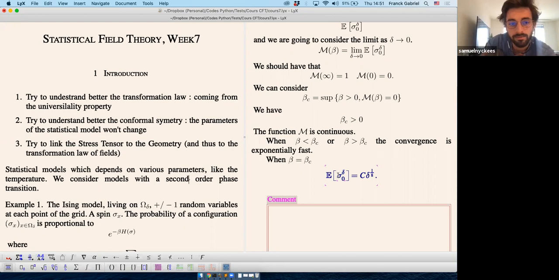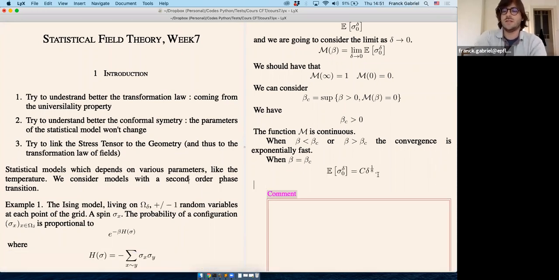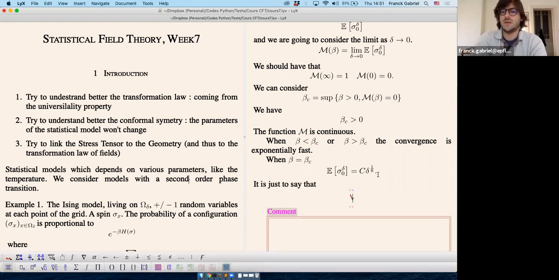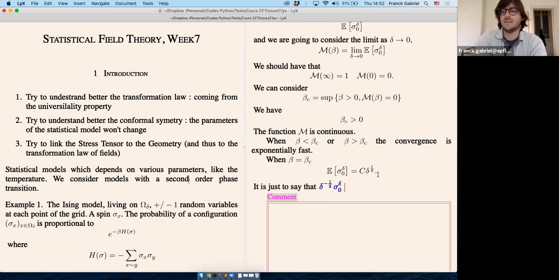It's exactly what we did for the discrete Gaussian free field. And what I'm saying here when I write this is that if I consider this field, delta to the power minus 1/8 of sigma at the point 0 and delta, this converges, just for the points, correlation function.